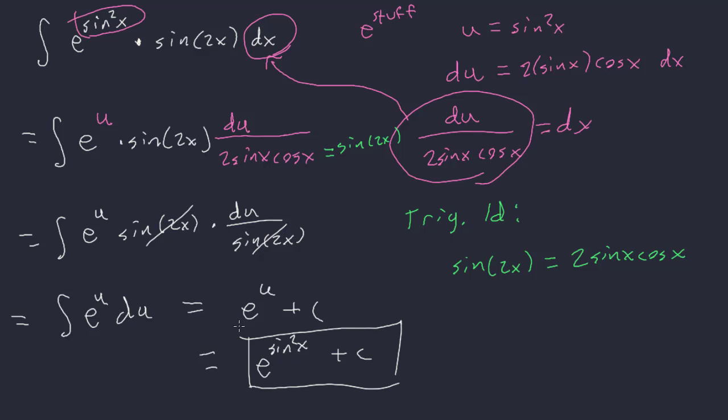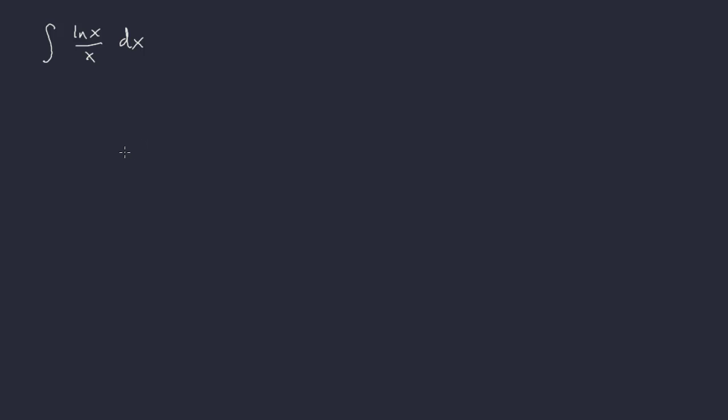Right, there we go. All right, so for our next example, let's look at the integral of the natural log of x over x. And this one is actually fairly tricky because it doesn't look like we have any stuff, right? We have natural log of stuff, we have x, and I'll give you some advice.